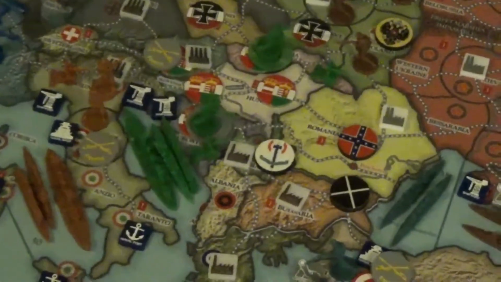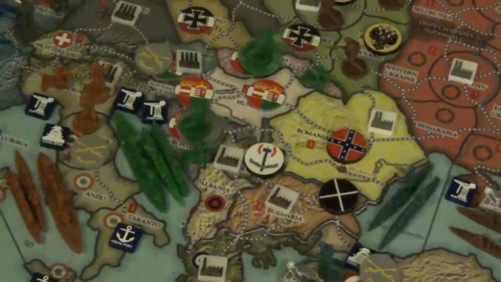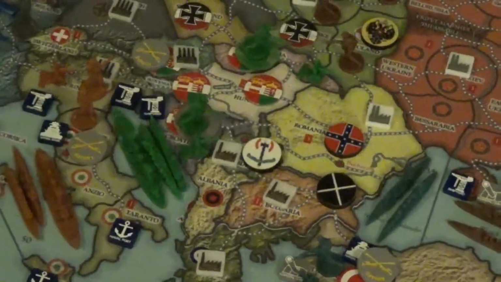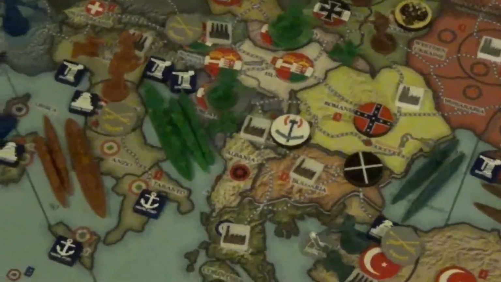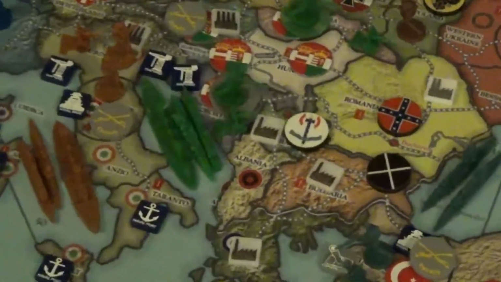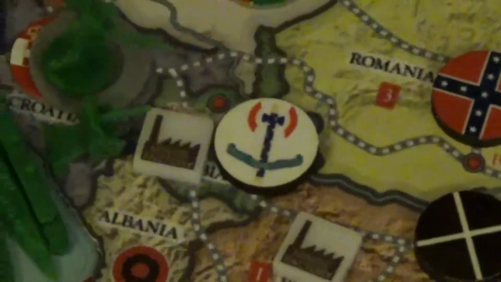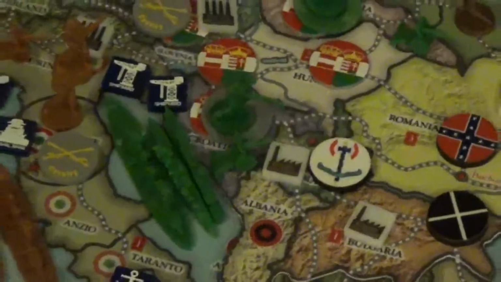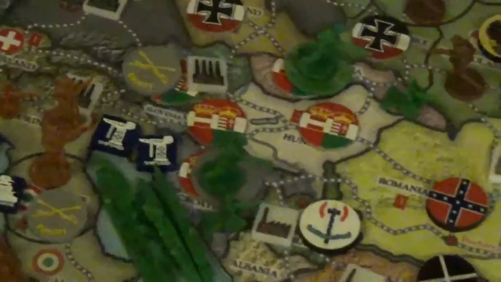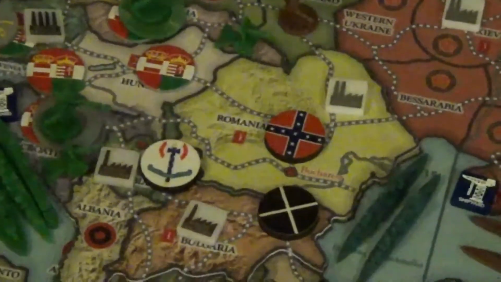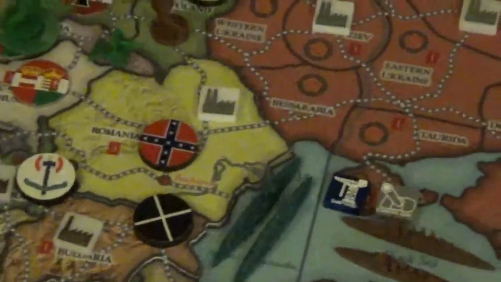Now, what brought Austria and Russia into contention was Serbia, that little country right there. Austria wanted Serbia. Russia wanted to keep Serbia out of Austrian hands. There's the political reason.